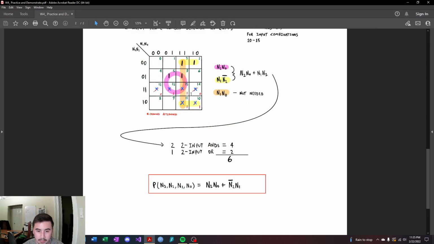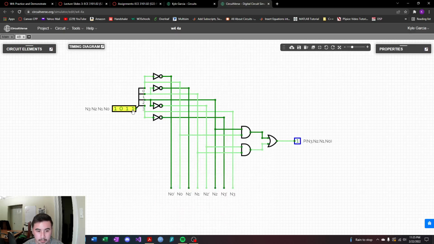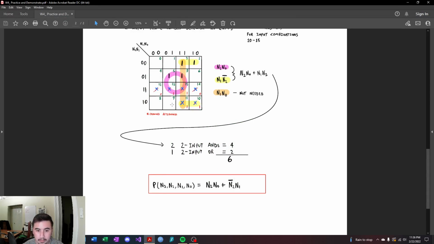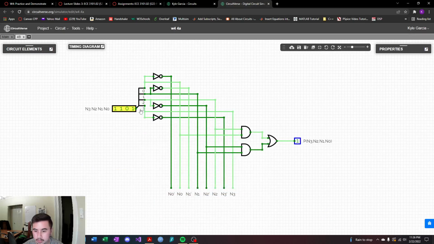We can also see that 12 is 0. Right here we have 8 plus 4, 12, 0. But 13 should be 1. If you add a 1 there, it should be 1.